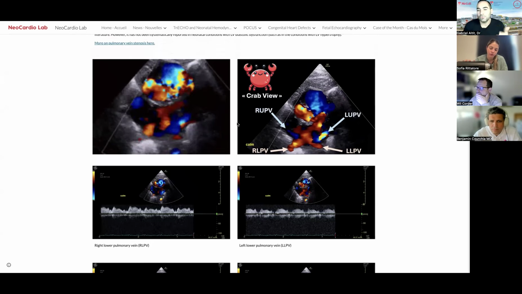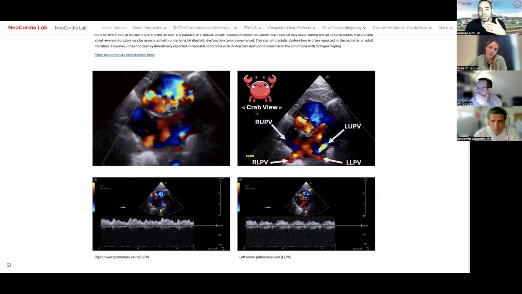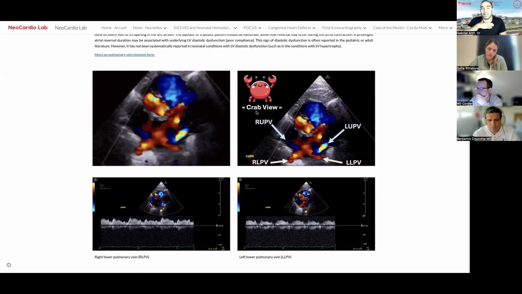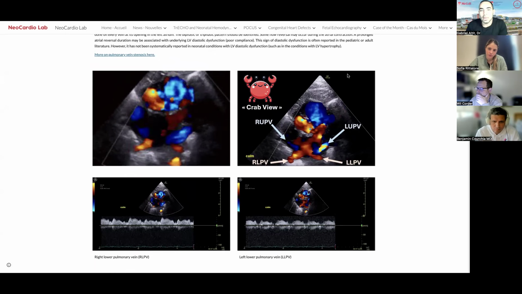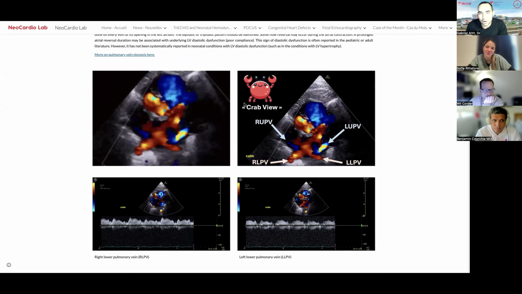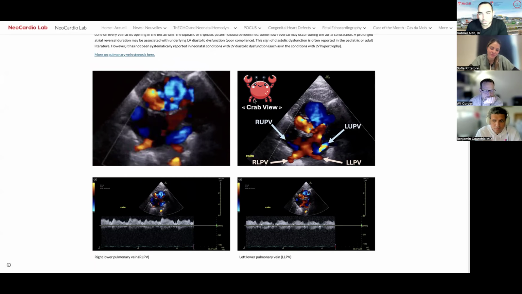A very classic view, because you get to see most of the pulmonary venous drainage coming back to the left atrium, is what we call the crab view, which is typically a view we obtain in the area of the suprasternal zone, a bit on the left sometimes, because you're going to try to tilt your view towards your left atrium. And it does look like little crab arms, the arms and feet of the crab, coming into the left atrium.